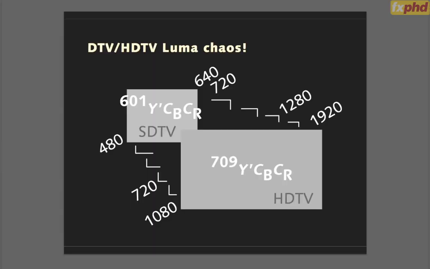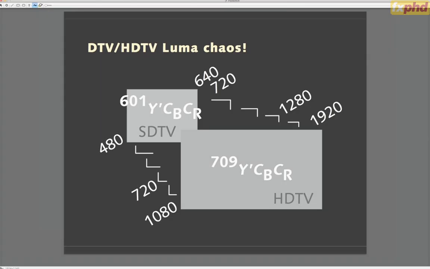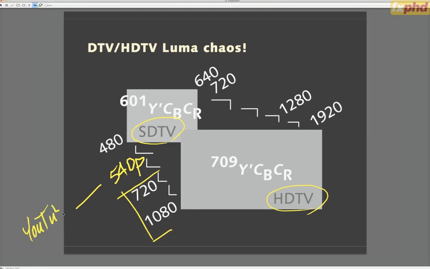So it's what I call HDTV chaos, and I make the point that it's chaos because that standard was established when there was SD and there was HD, and HD was either 720 or 1080. Nobody ever thought about what if there's 540p. Well, this is YouTube's standard video format these days.